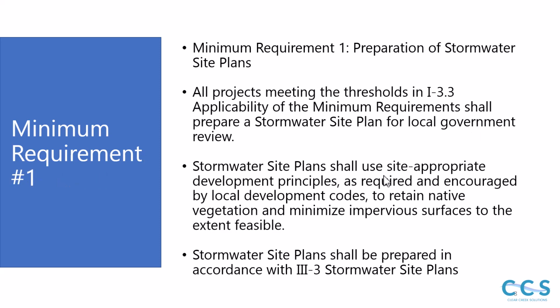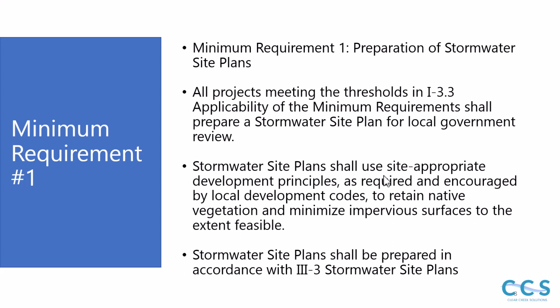We're going to talk about minimum requirement number 1, which is the preparation of stormwater site plans. You want to go to that section in the manual if you're reading along. All projects meeting the threshold in I-3, applicability of the minimum requirements, shall prepare a stormwater site plan for local government review.